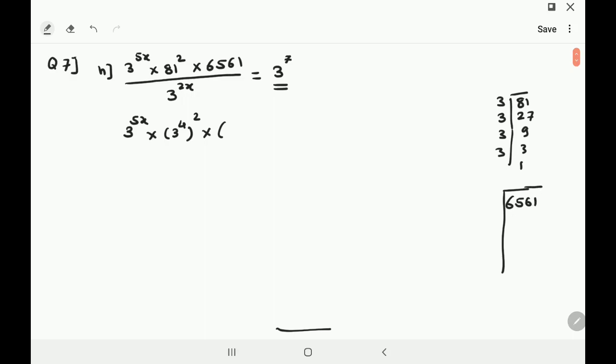Now let's go for this. It is going to be quite a big number, but let us see with 3 itself.